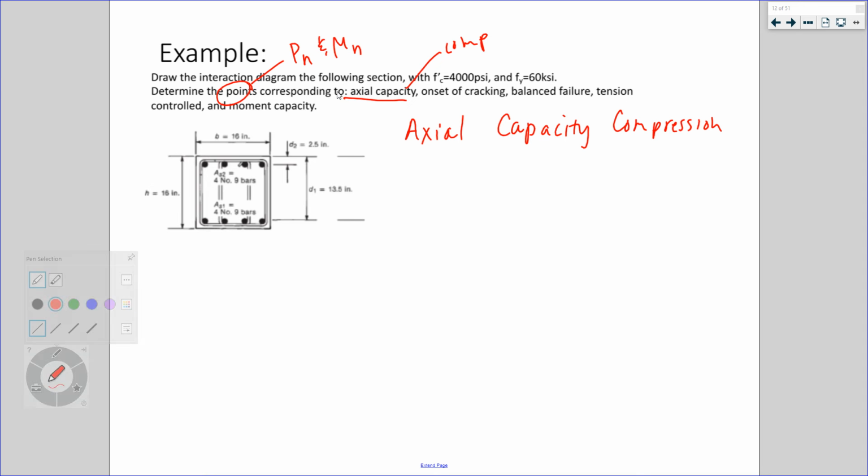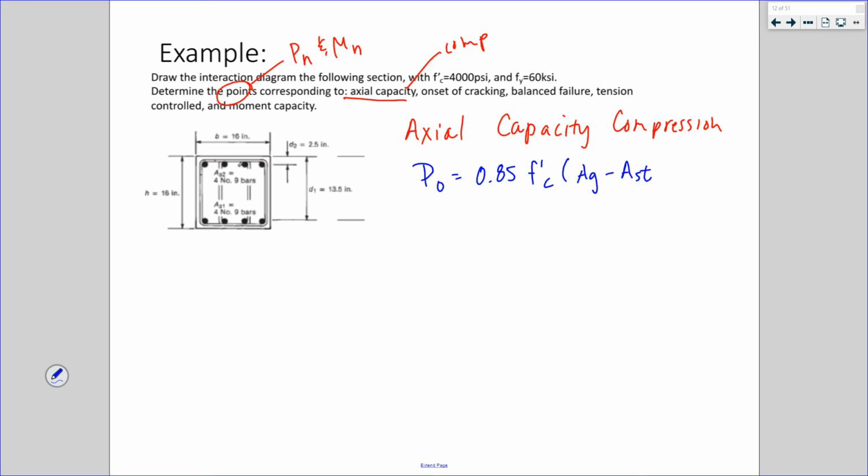Earlier I said PO is equal to 0.85 F prime C times AG minus area of steel plus Fy times your area of steel.